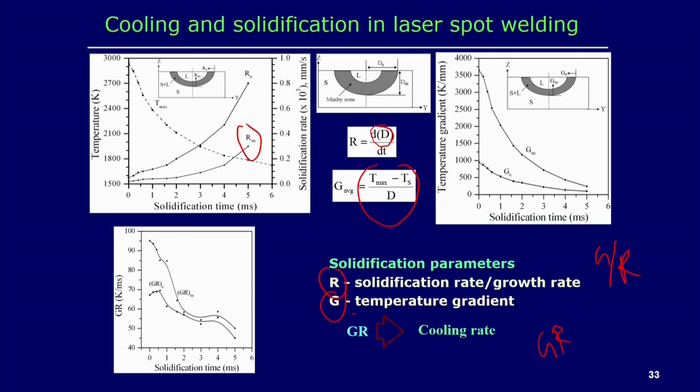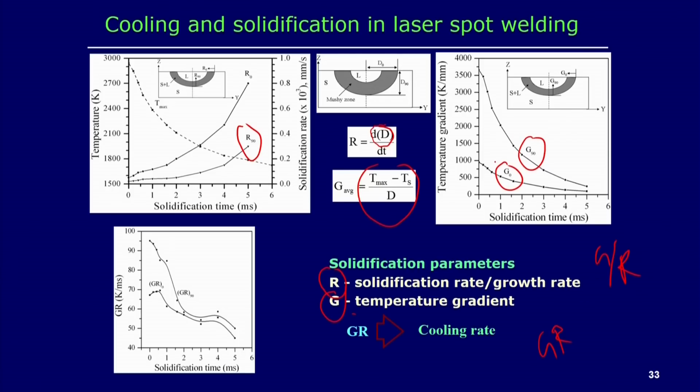But if you look at the other case, G, the temperature gradient, is larger along the depth direction at 90. So, G90 is more compared to G0.